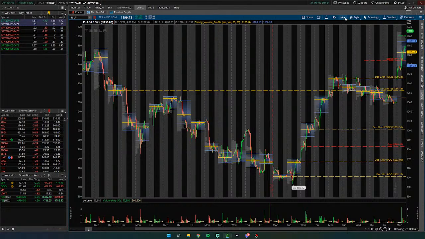So, I draw my POCs and VPOCs on the 30-day, 30-minute chart. And if you think about the psychology of what's happening here as a retail investor, if you were to buy Tesla here at this level, 1083-ish, and the next day it dumps, and now you're red on the trade, most people, as soon as we come back up to green or to break even, are going to hop out of that trade.